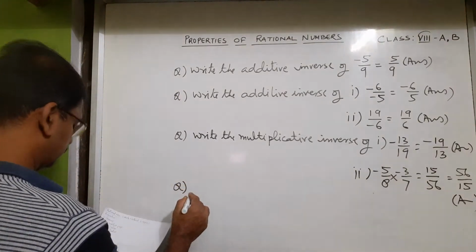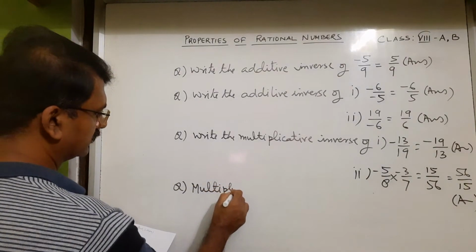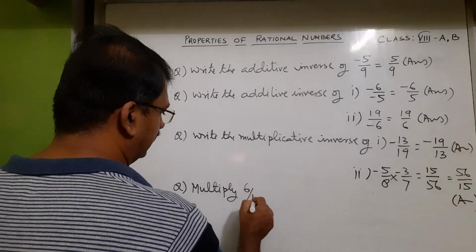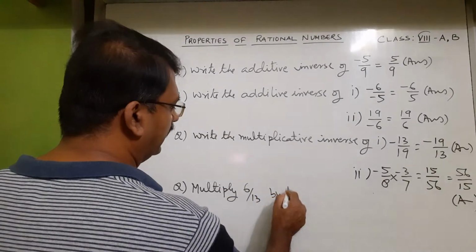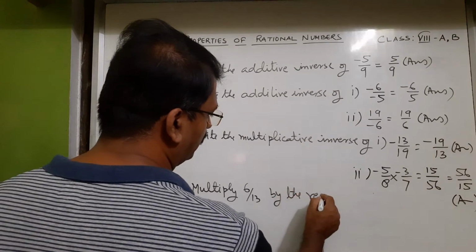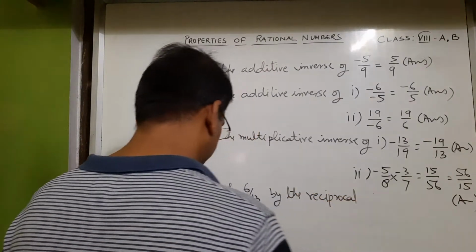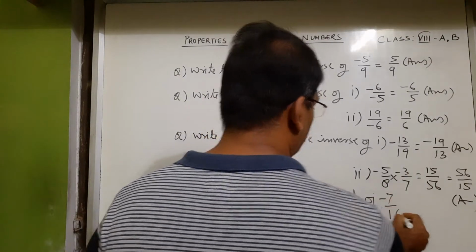Now next question, multiply 6 by 13, 6 upon 13 by the reciprocal of minus 7 by 16.